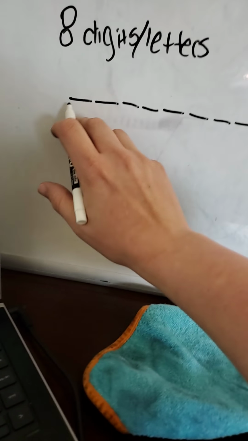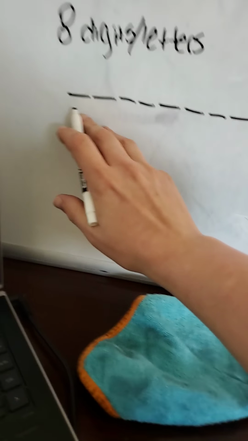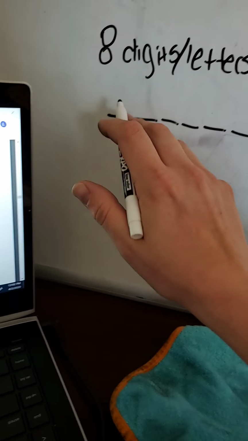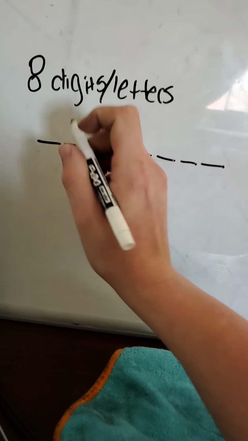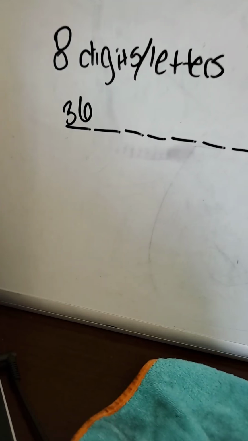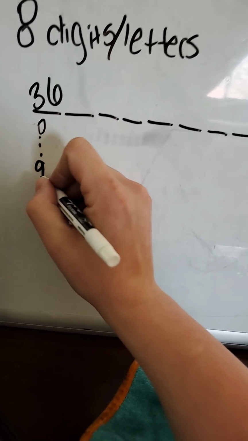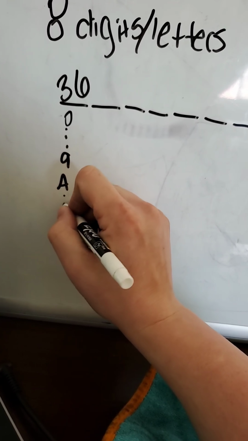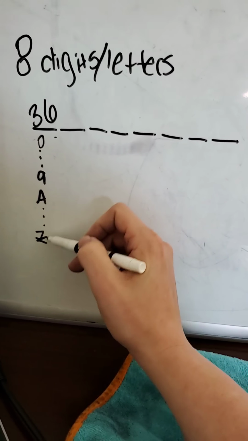I could put 0, 1, 7, 9, or Z, L, K, B. I could put any letter or number. So there's 26 letters and 10 numbers I could choose to put here. That's 36 different things that I could put in this spot. That's all the numbers from 0 down to 9 and all of the letters from A to Z.